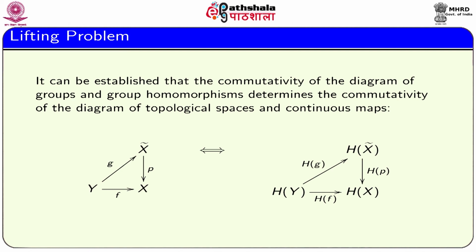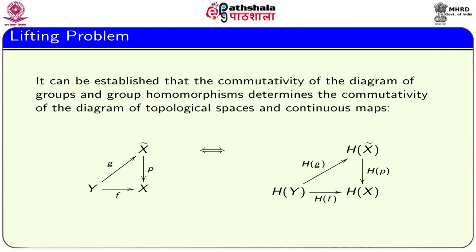It has been seen that this lifting problem can be resolved by the techniques of algebraic topology entirely. That means, if I get a commutative diagram in topological spaces, we get a similar diagram in the algebraic setup.